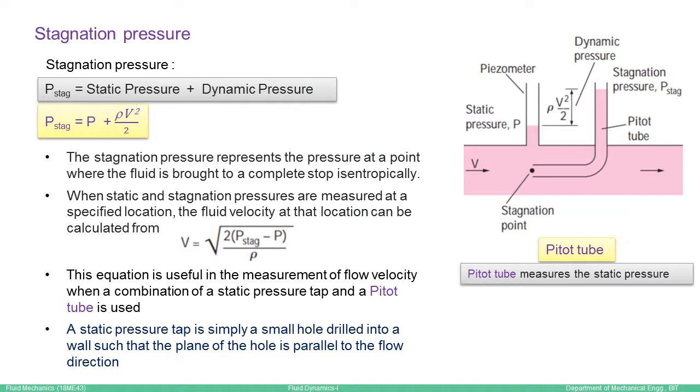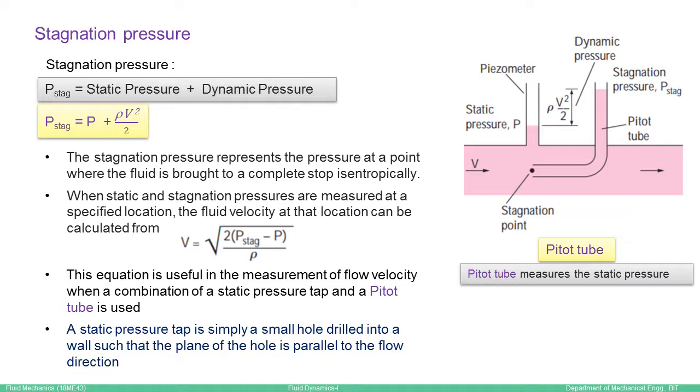And I recall this again, that the dynamic pressure is the difference between stagnation pressure and static pressure, which can be measured as the difference in levels of liquids in the pitot tube and the piezometer. So this is one way of measuring velocity at a point.